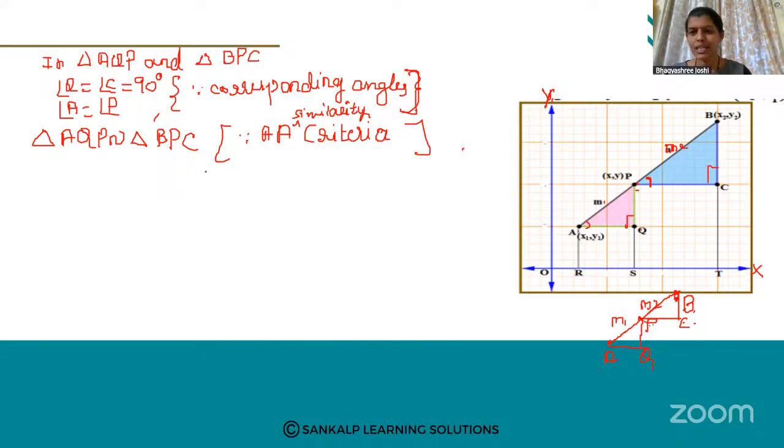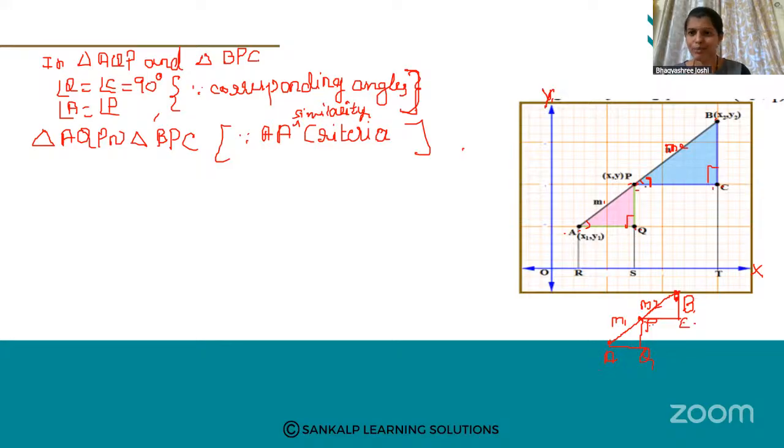So which are the corresponding sides here? When we say two triangles are similar, corresponding sides are in equal ratio or in proportion. That means which are the corresponding sides? See here, PA divided by PB, next AQ divided by PC and PQ divided by BC, right?